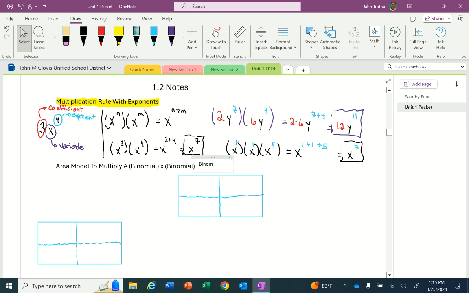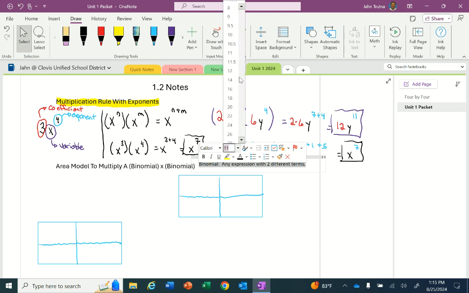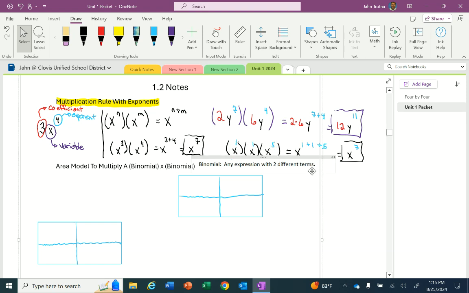You probably have, but if you don't, no big deal. A binomial is any expression with two different terms. A binomial is any mathematical expression that has two different terms. You will find out that the terms are always separated by an addition or a subtraction symbol.